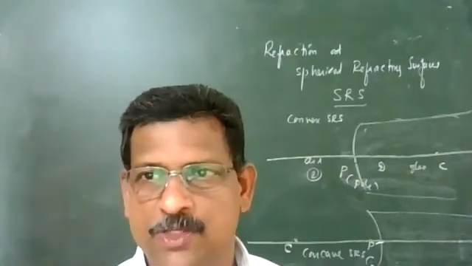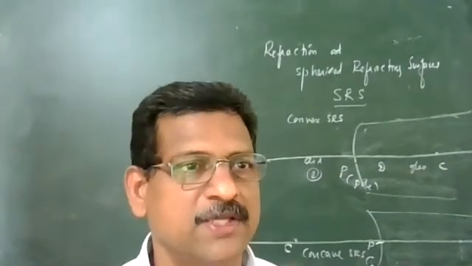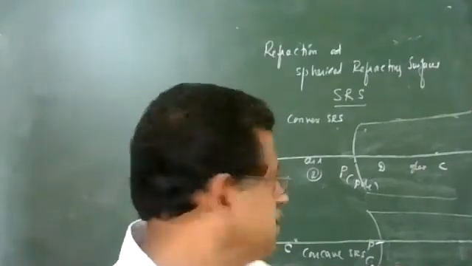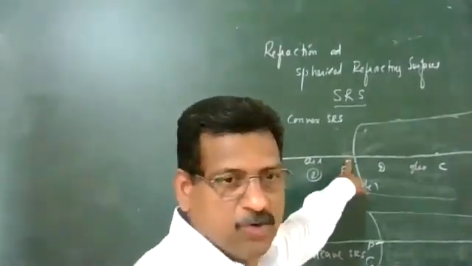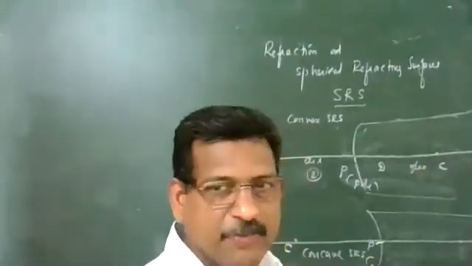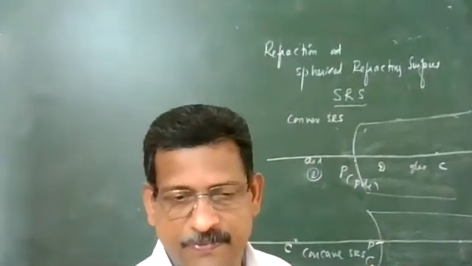So you have two types of spherical refracting surfaces, convex SRS and concave SRS. P is the center of SRS called pole, and C is the center of curvature. The straight line passing through P and C is called principal axis.